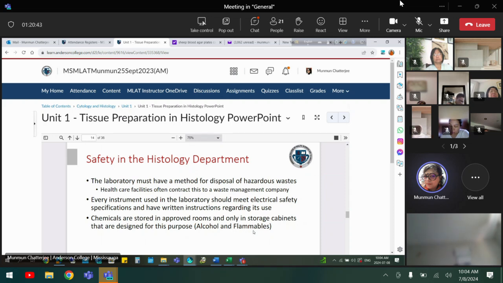Every instrument used in the laboratory should meet electrical safety specifications and have written instructions regarding its use. These instruments mainly need electricity, so you have to make sure the plug points everywhere meet the criteria, because these are high powered things.